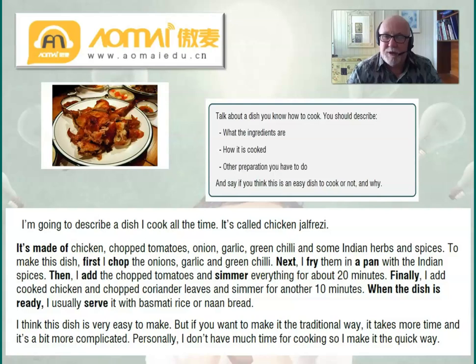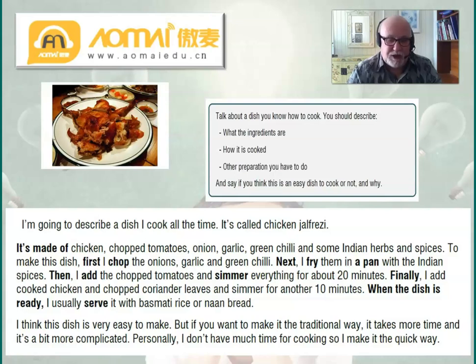Next, the examiner's thinking, is she going to tell me how it's cooked? To make this dish, I first chop the onions, garlic and green chili. Next I fry them in a pan with the Indian spices. Then I add chopped tomatoes and simmer everything for about 20 minutes.